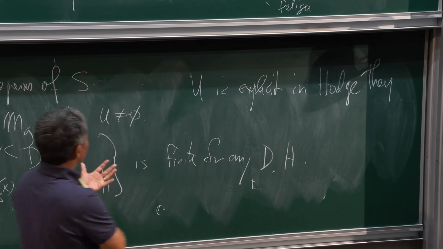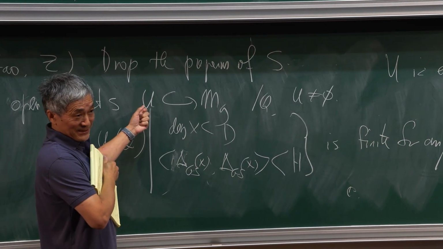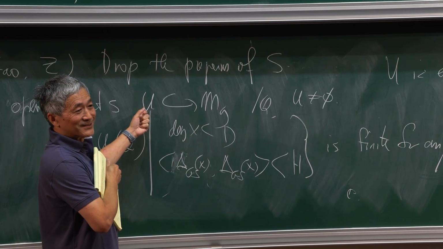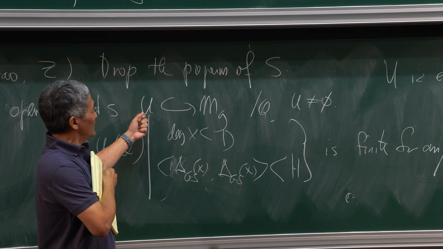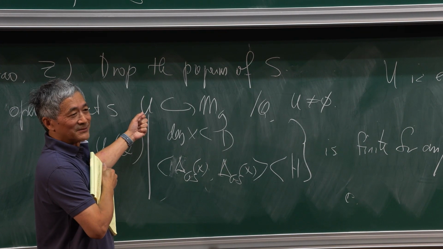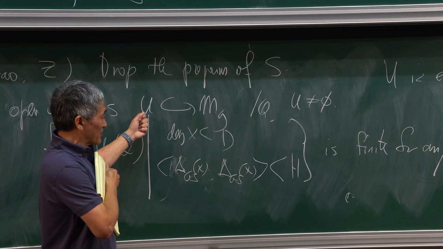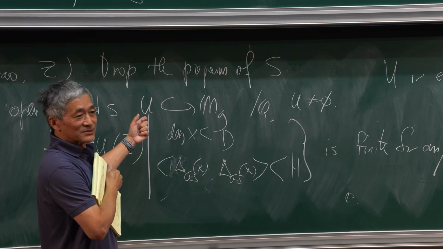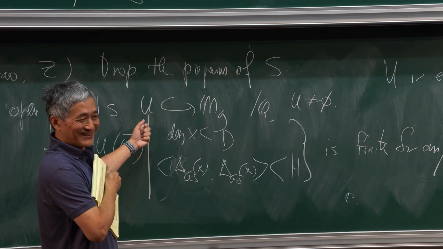Hodge theory means that as a transcendental variety, we know what this is. As an algebraic open subset, we have no idea. We show this is algebraic, defined over Q, by a very strange method. But it is a big problem. I think this theorem is completely useless unless we know what the U is. Agree?